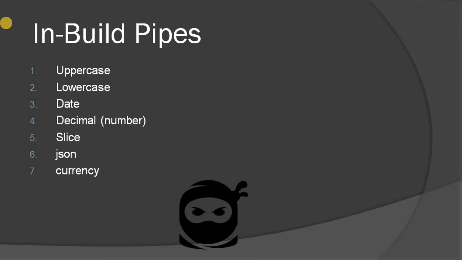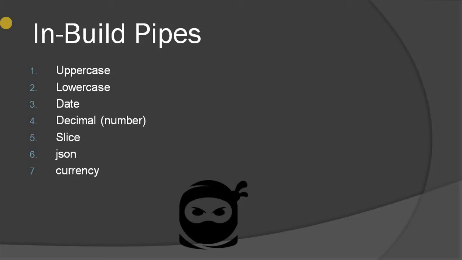Next one is slice. The slice pipe is used to extract data from the given string, or it gives the substring. Next one is the Json pipe. Sometimes we need to debug our JSON object while developing the application, so for that we can use the Json pipe.